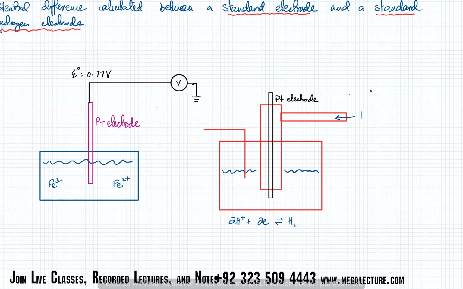So you've got H2 gas in this gas jar, and you've got H+ aqueous ions in the solution, and that's going to be 1 mole per dm cube. This is going to be at 1 atmosphere pressure. So that's my standard hydrogen electrode.